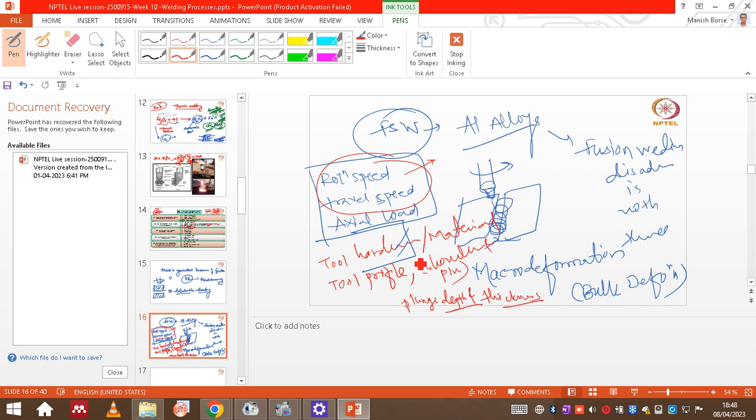Okay, so all these factors are responsible, and nowadays this is a completely automated process. So there are certain factors, like initially, to gain sufficient heat at the interfaces, there will be a certain dwell time. That dwell time we can control, like we can give a higher dwell time.